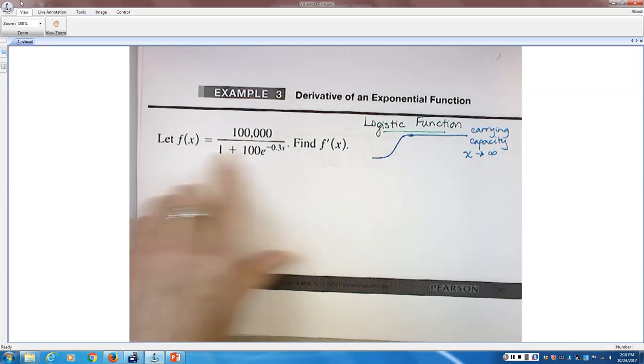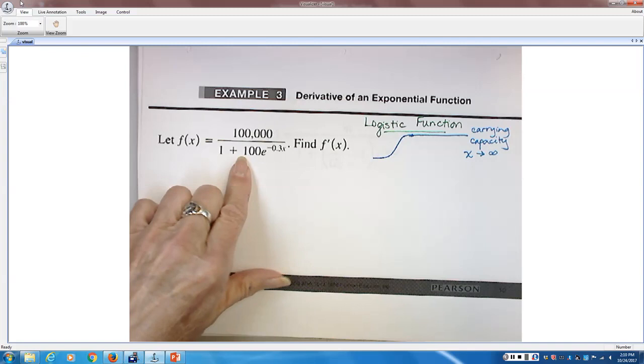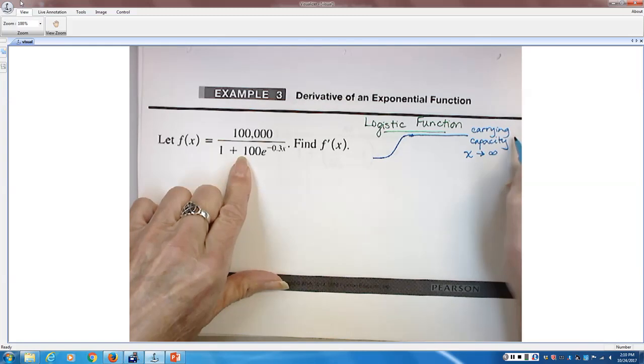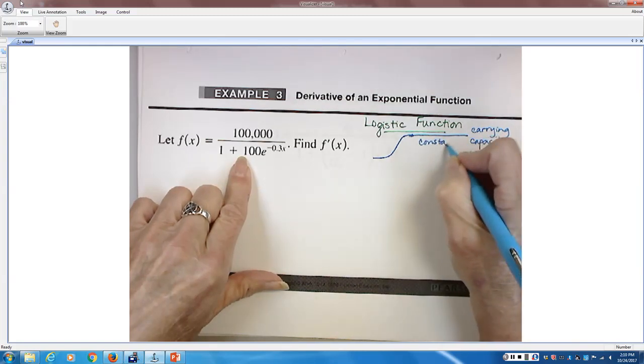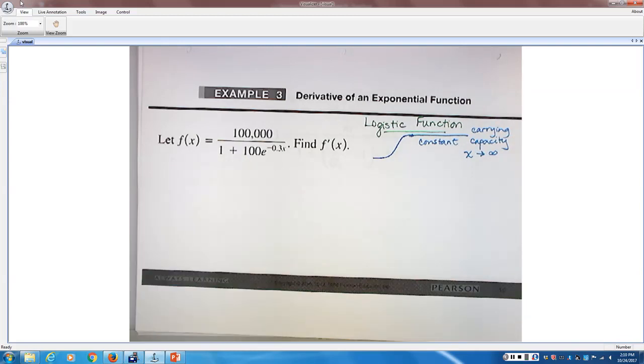So regardless of what goes on in the denominator, sooner or later we're going to reach a constant. Your population is not going to continue to grow, it's going to flatten out. You'll have about as many births as you do deaths in the cycle, and the population stays even.